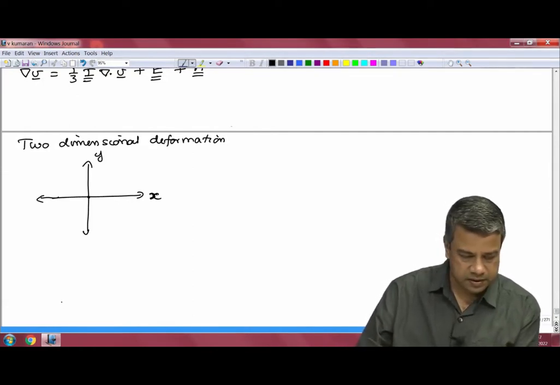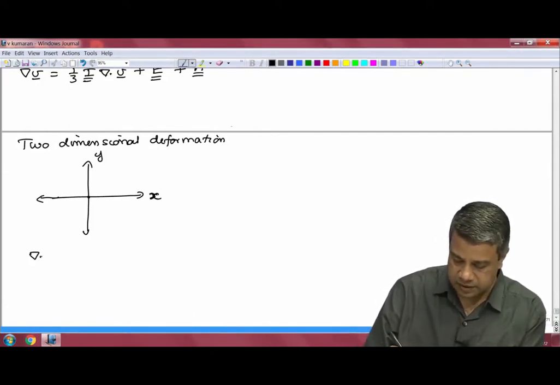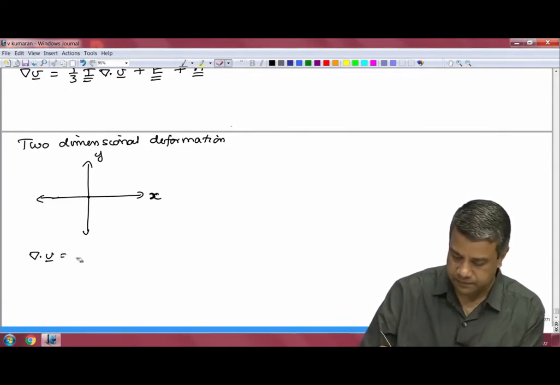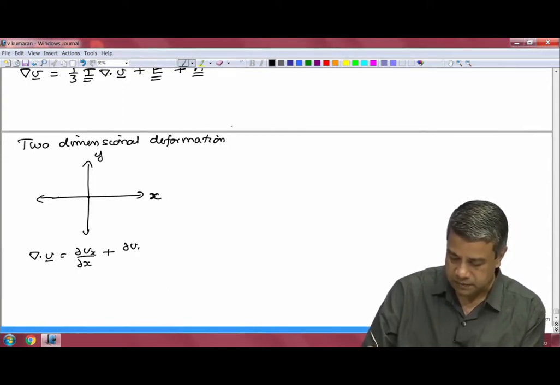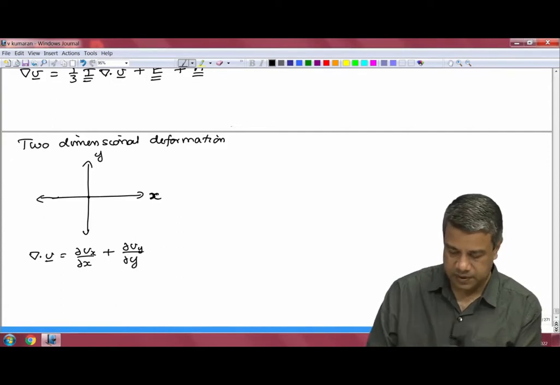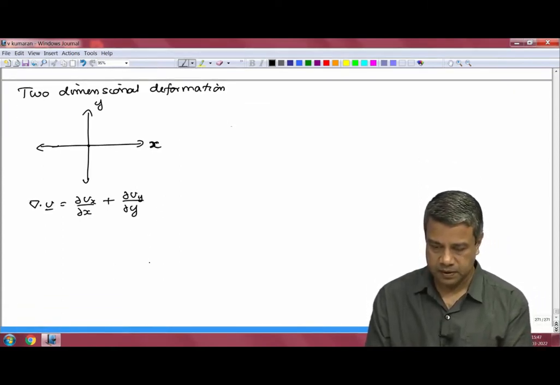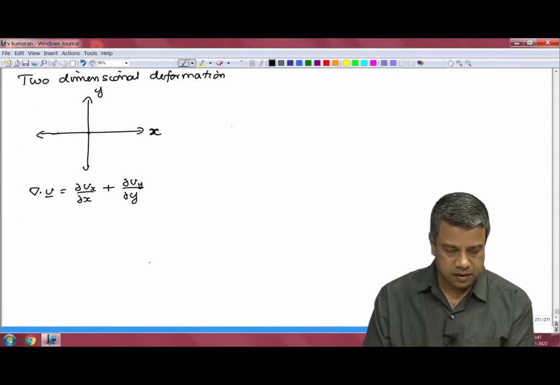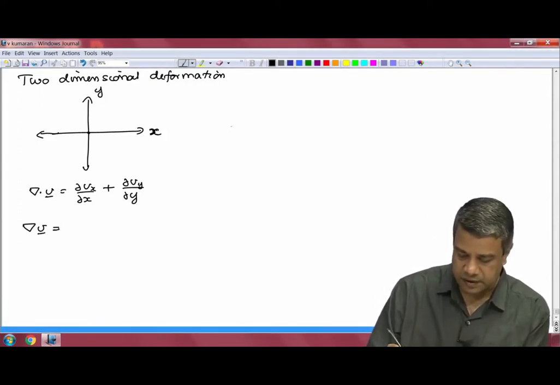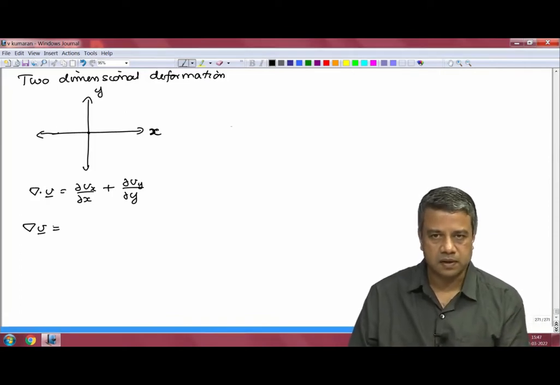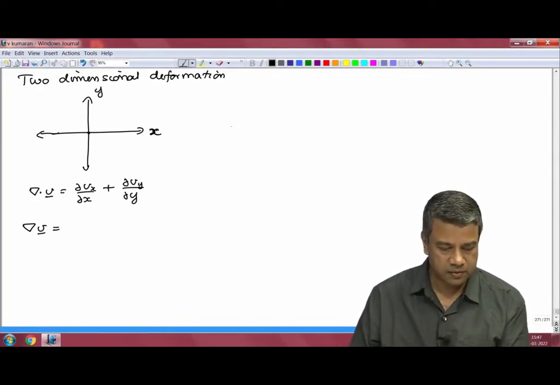In 2 dimensions, the divergence of the velocity is equal to partial Vx by partial x plus partial Vy by partial y. So, I will take a general velocity gradient field. Note there is no dot product here, this is the velocity gradient in 2 dimensions.